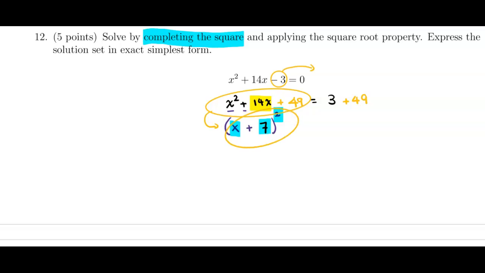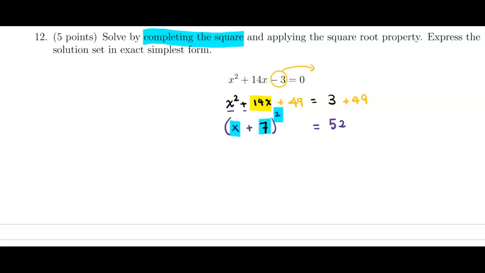Whenever you square a binomial, you get 3 terms, not only 2 terms. Now from the left side we are done. On the right side, we combine the 3 with the 49, and that gives you 52.